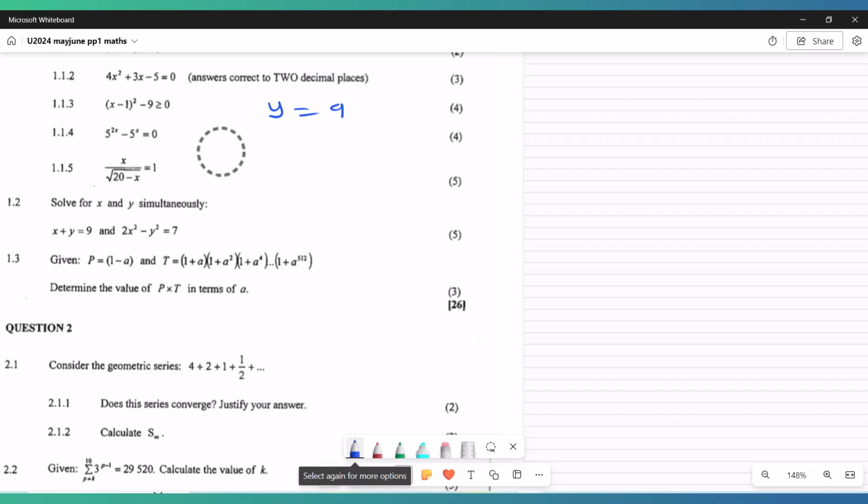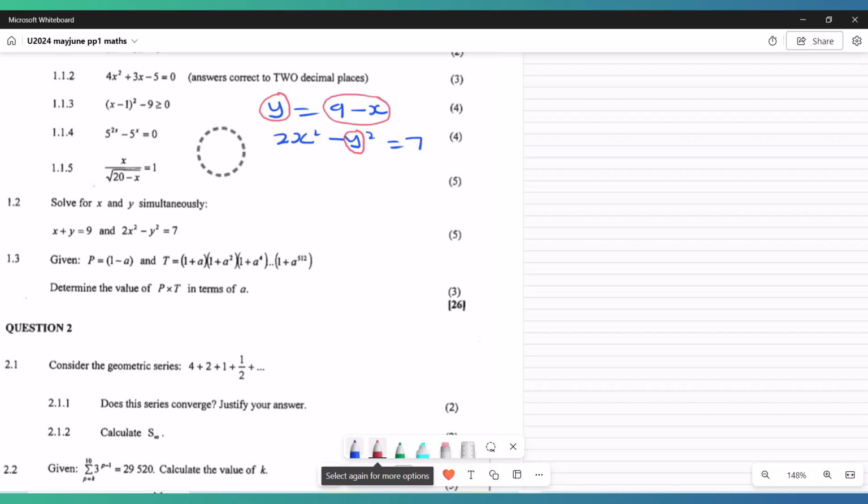What about the nonlinear? We have 2x squared minus y squared equals 7. So where you see y, we are going to put this one here, because this y is the same y which appears here. We are going to substitute by putting 9 minus x.